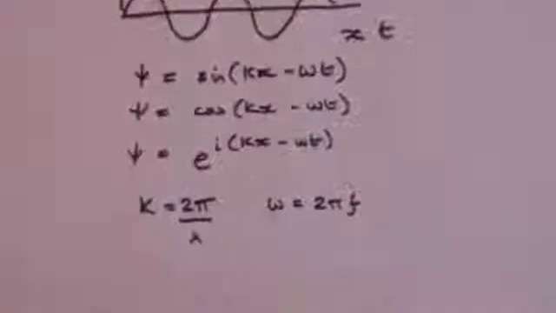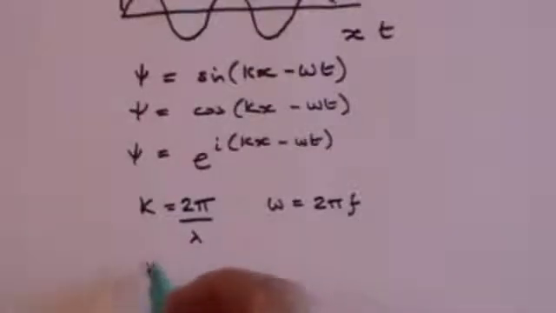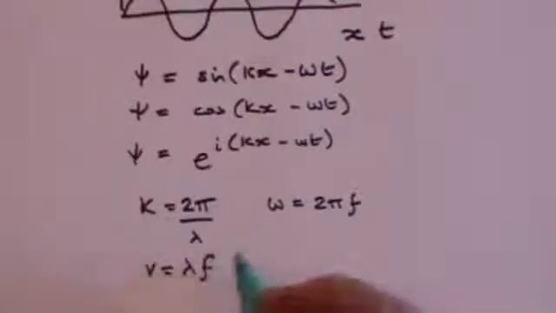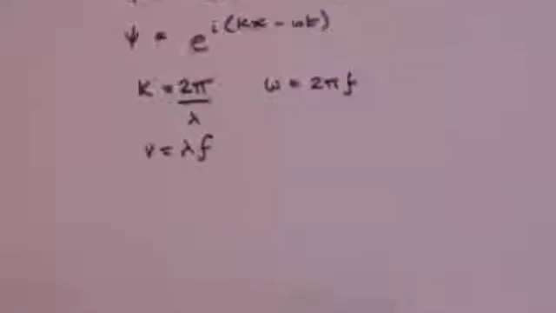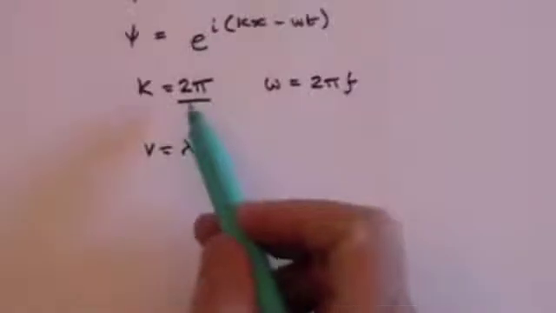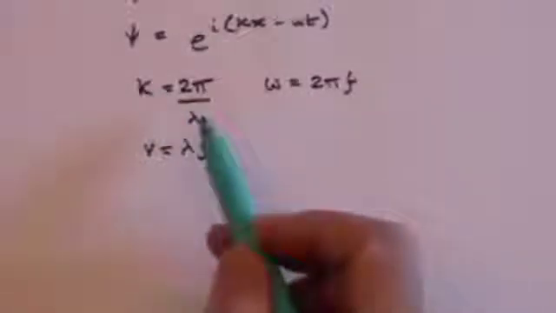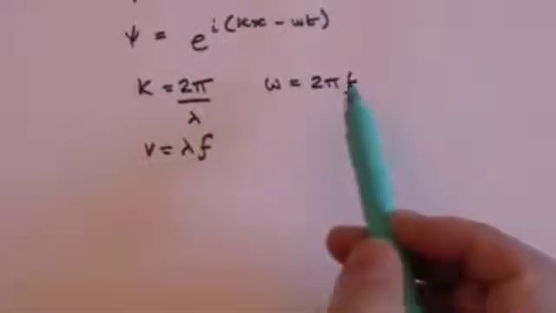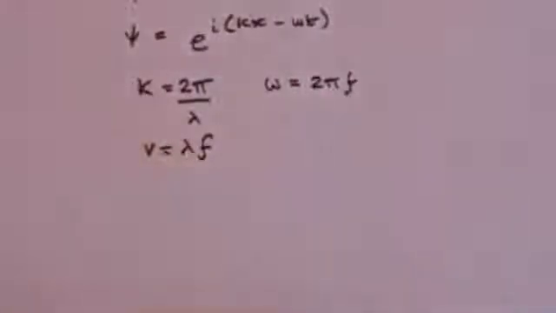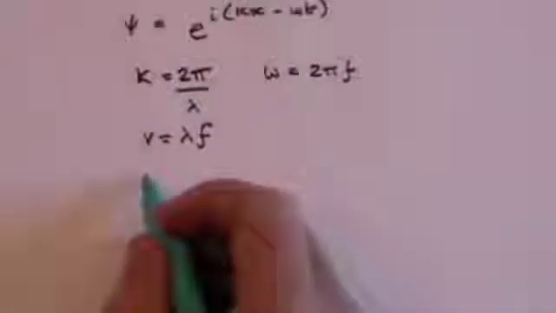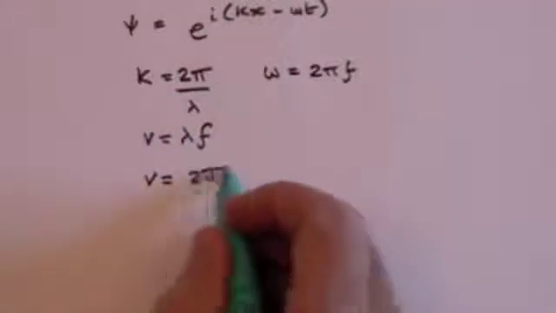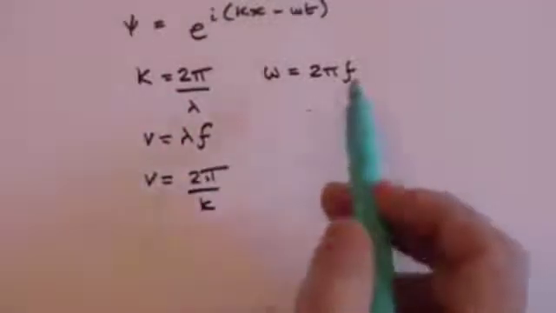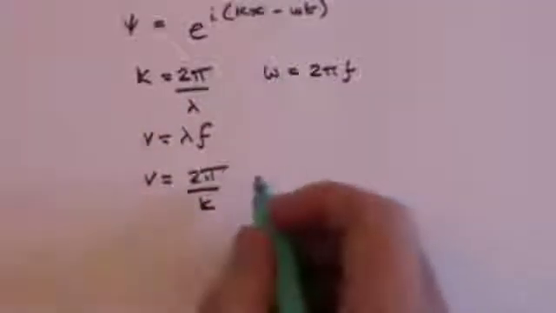We know that the velocity of a wave is the wavelength times the frequency, and from these equations you can see that the wavelength is 2 pi over k and the frequency is omega over 2 pi. So velocity is equal to the wavelength, 2 pi over k, times the frequency, omega over 2 pi.